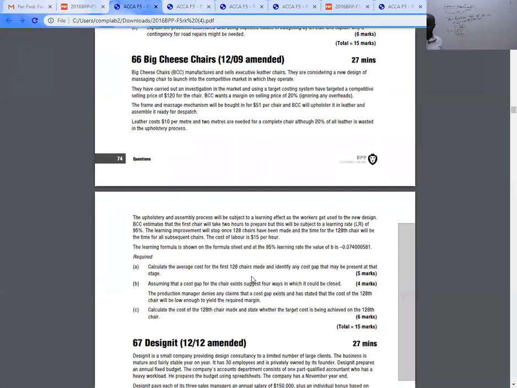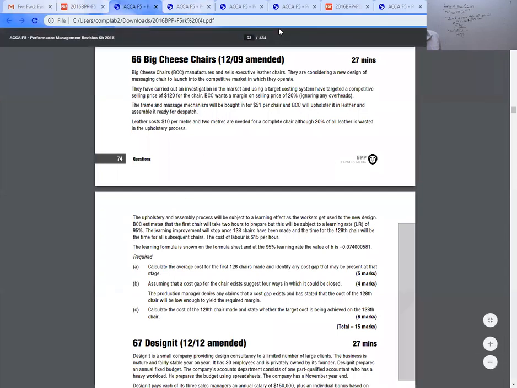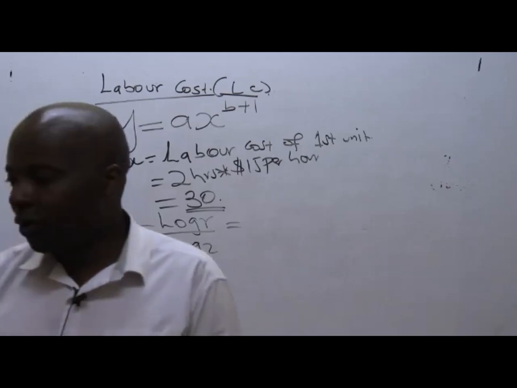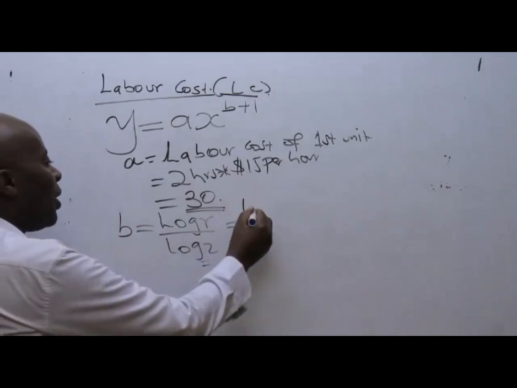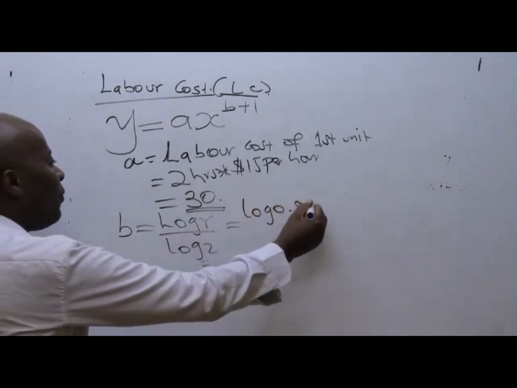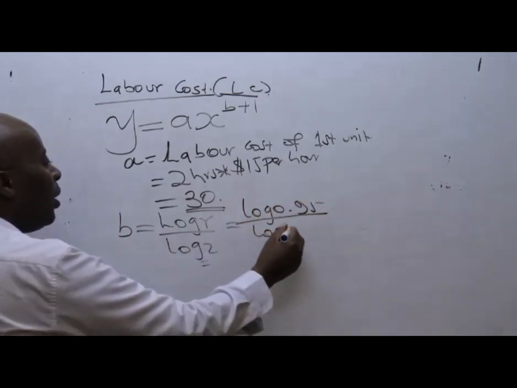Has this examiner given me the learning rate? Oh, yes. He has told me it's 95%. So we have here log of 0.95 all over log 2.